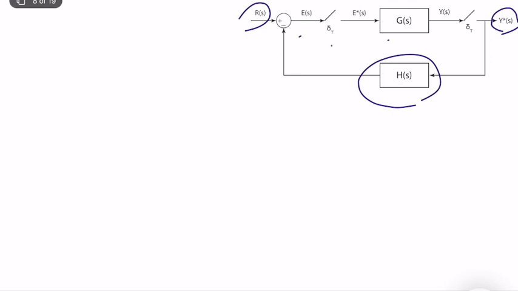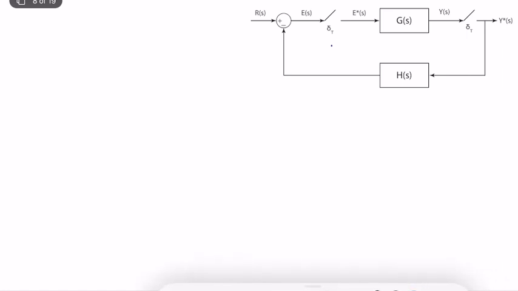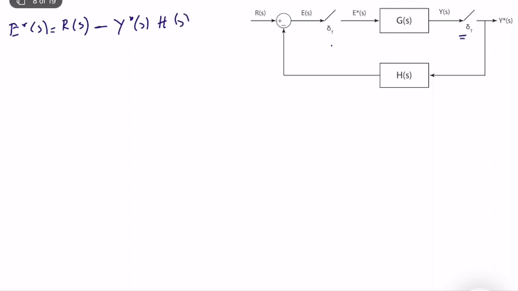And let's do the same thing and try to find a transfer function between Y of z and R of z. So I will do the same thing. A star of s is equal to R of s minus, what I need to do is, now I can use Y star of s because there is a sample here, Y star of s times H of s.